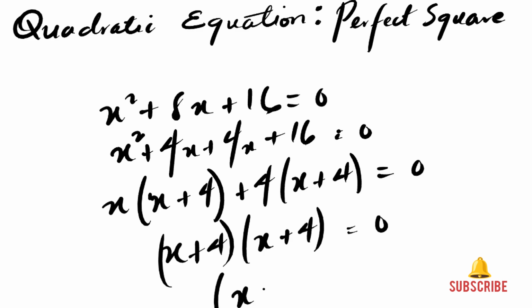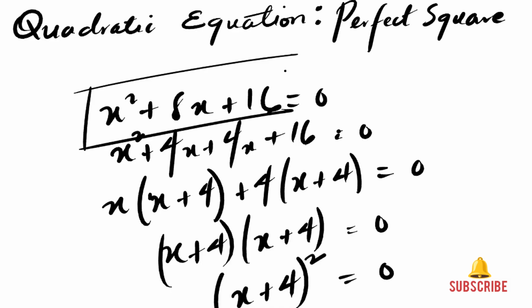We have x plus 4 and x plus 4; since they are the same, we can write it as x plus 4 all squared equals 0. Therefore, this equation gives us x plus 4 raised to power 2, a perfect square quadratic equation.